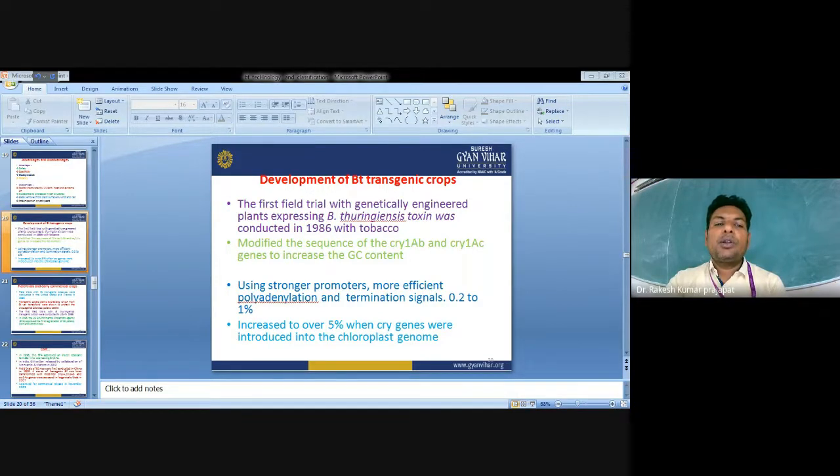But this toxin will only be active if it finds the right matching protein receptor. Once the protein is activated by the partial degradation, it will look for its receptors in the insect midgut. If the receptor is there, then this protein will interact. If the receptor is not there, then this protein will not interact and won't affect the growth of the insect and pest.